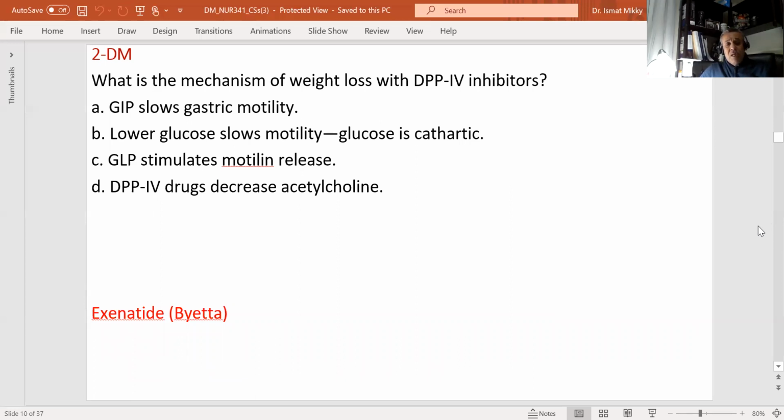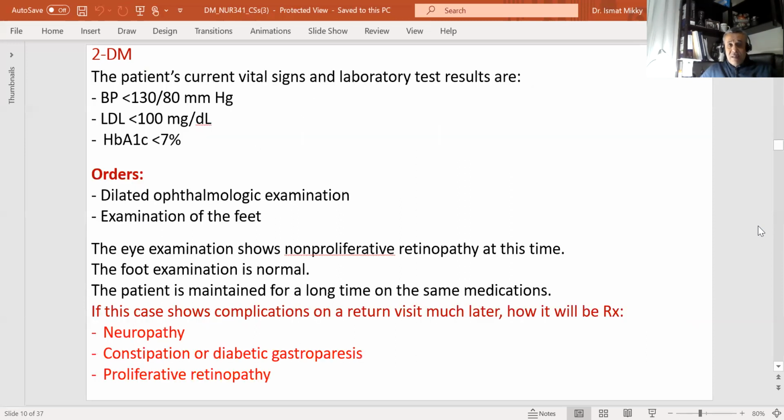So the synthetic GIP produces significant weight loss by slowing the stomach motility. The calcium channel blockers can cause constipation because they can inhibit the intestinal smooth muscle.